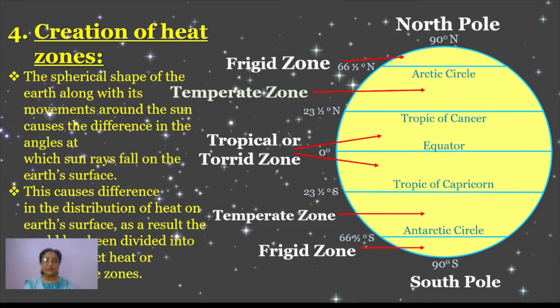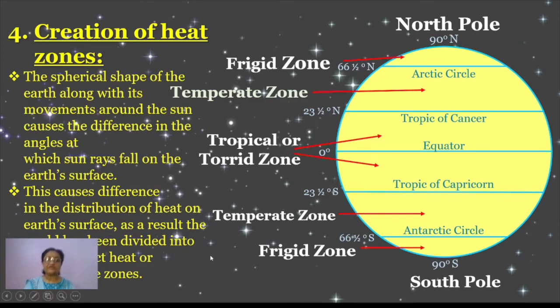According to what type of sun rays are falling over that area, we call it torrid zone, temperate zone or frigid zone, because if the sun rays fall straight, they will give more insolation. If they are falling oblique, they will provide less insolation.